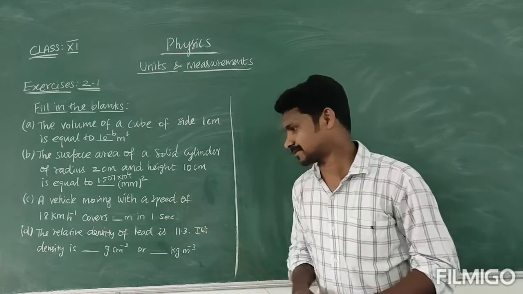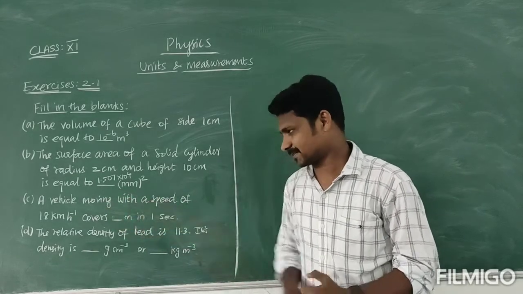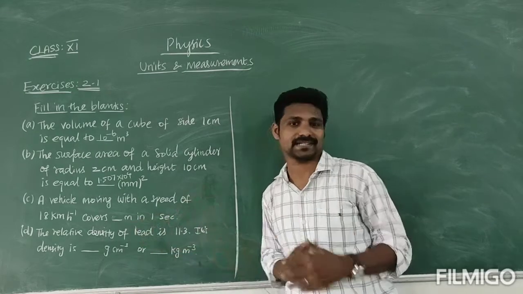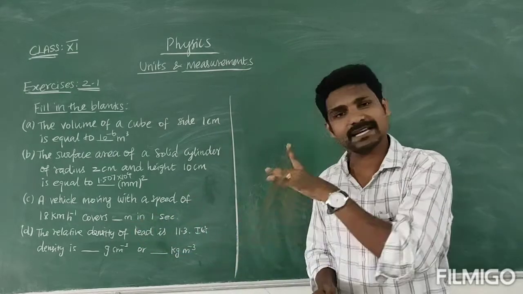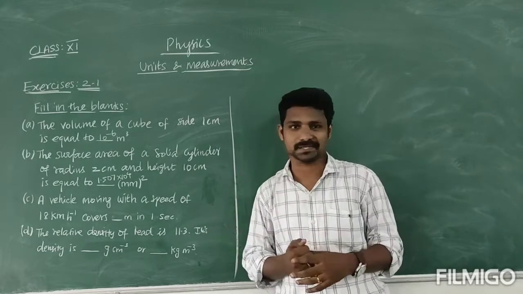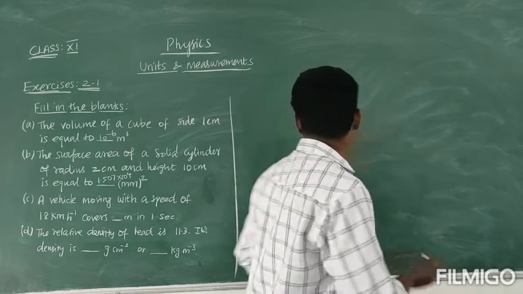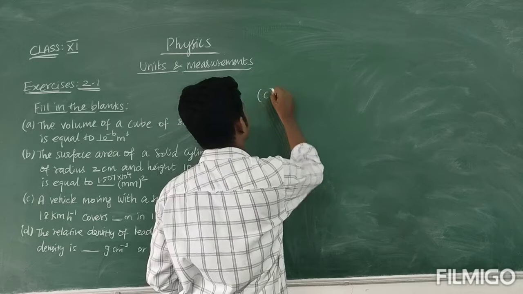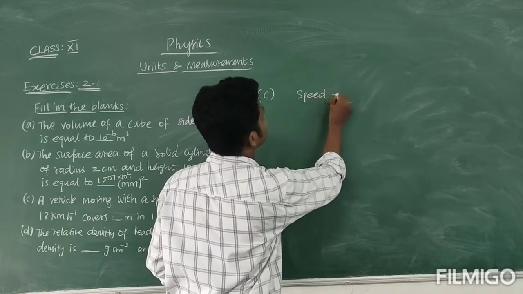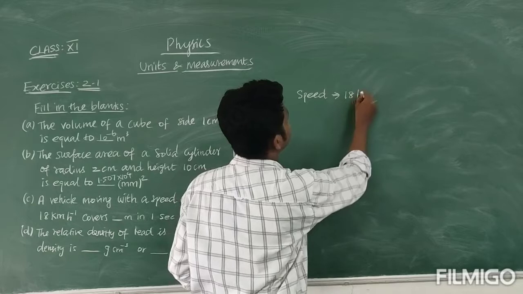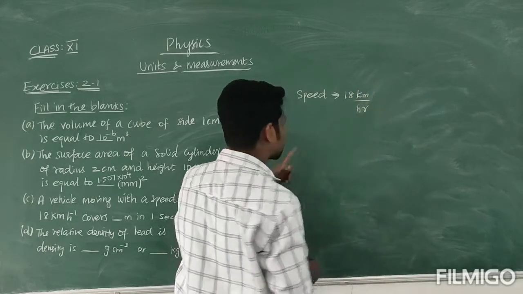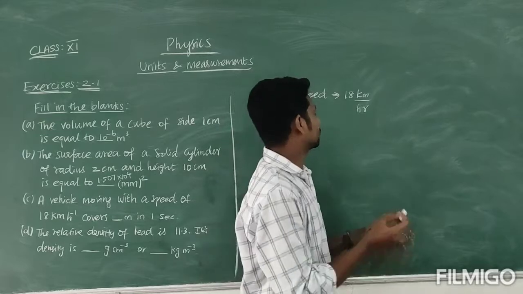Students, see the next one. A vehicle moving with a speed of 18 km per hour covers some meters in 1 second. The speed is given, 18 km per hour, should be converted into meter per second. Please listen, it is a key question.